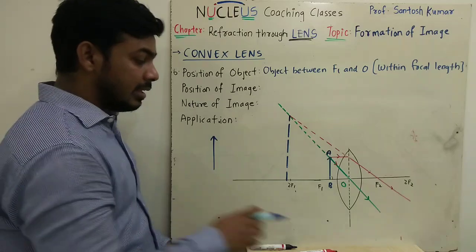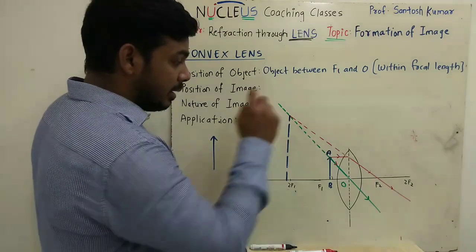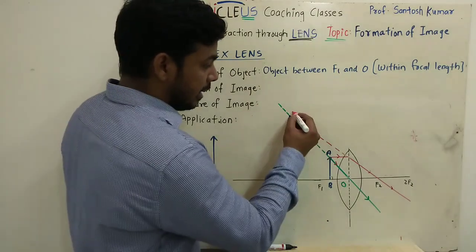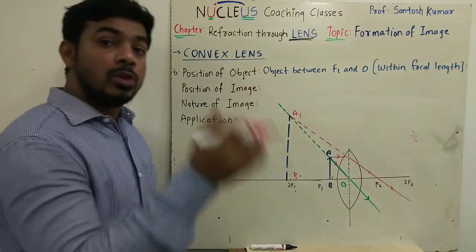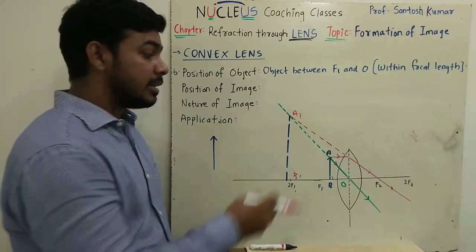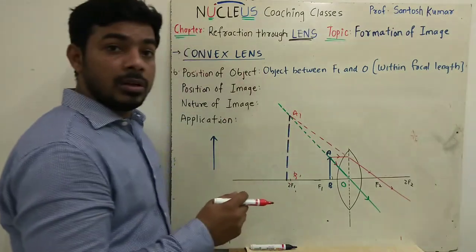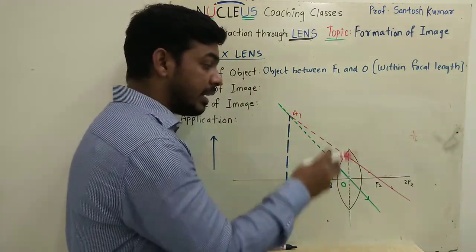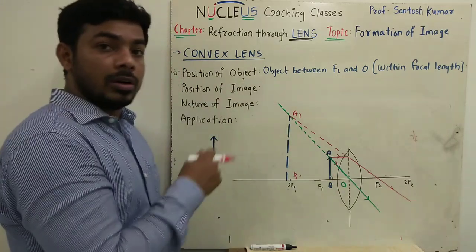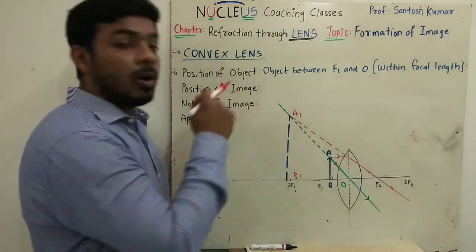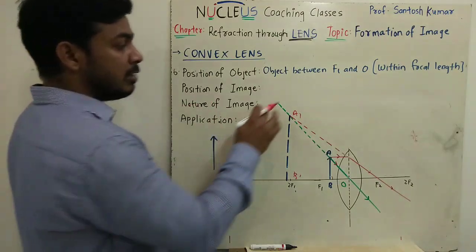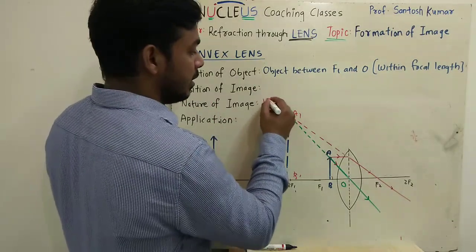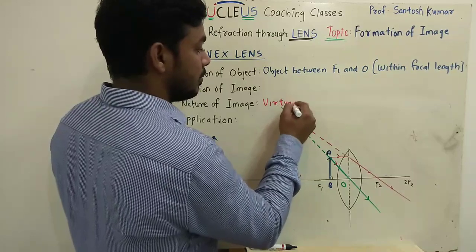Now you can see here that this image, let's name it A1B1, is not formed due to the actual intersection. That means this image is formed when the refracted rays were traced backward. So this image is not formed due to the actual intersection of the refracted rays. So the nature of the image is virtual.